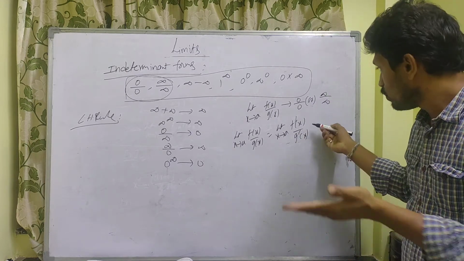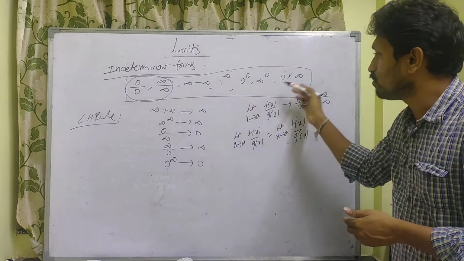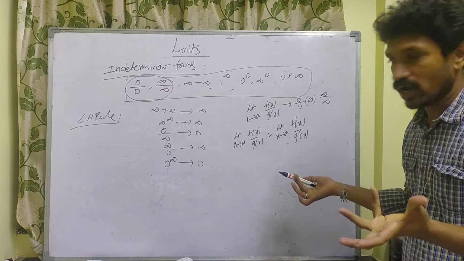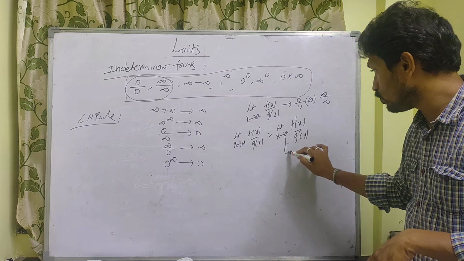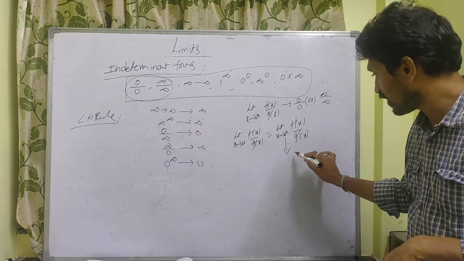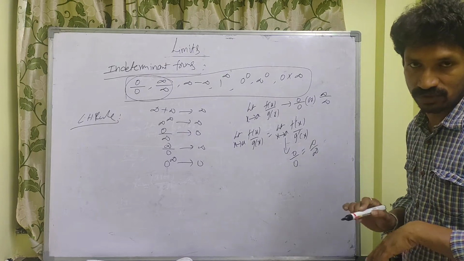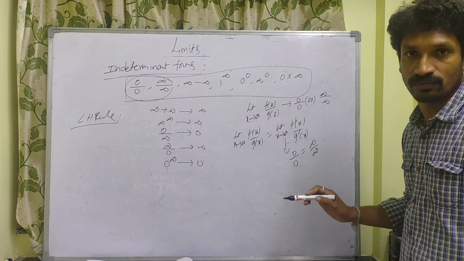We may get some definite value. That means except these forms, if you get any numerical finite value, then that is our answer. Even if the limit of f dash of x by g dash of x is again in the form of 0 by 0 or infinite by infinite, then again you have to apply the second derivative.